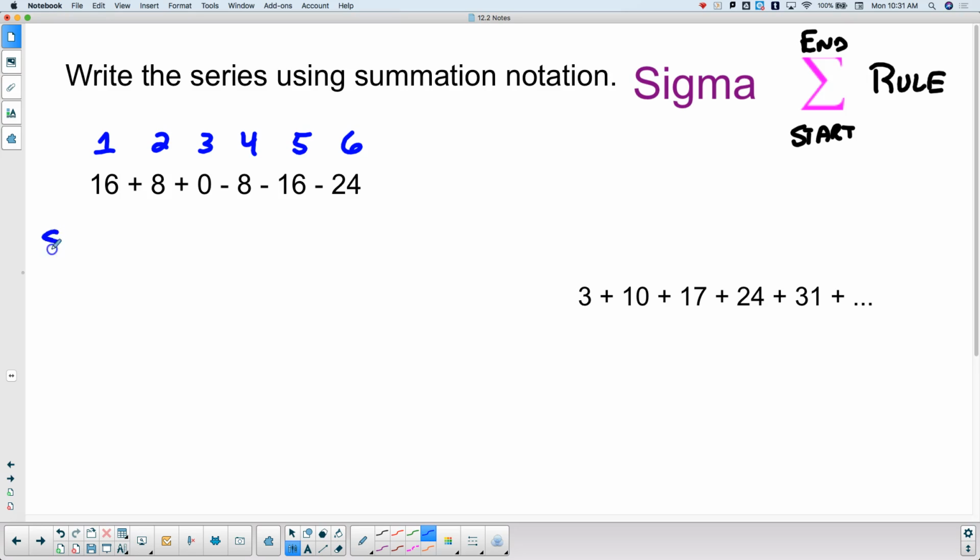My starting value is going to be 1. That's the first number that I'm going to plug into my rule. My ending number that I'm going to plug into my rule is going to be 6. Now I just have to come up with said rule.